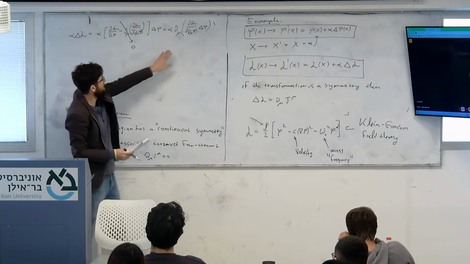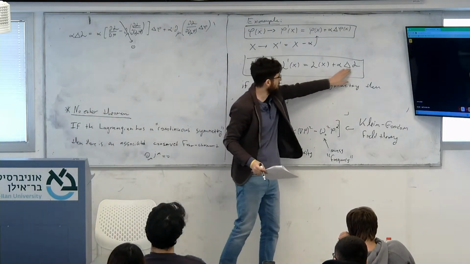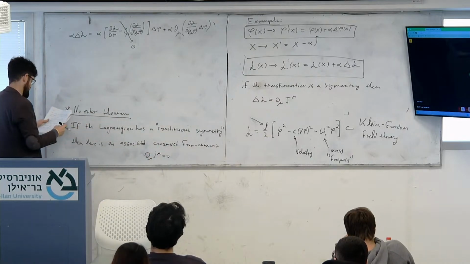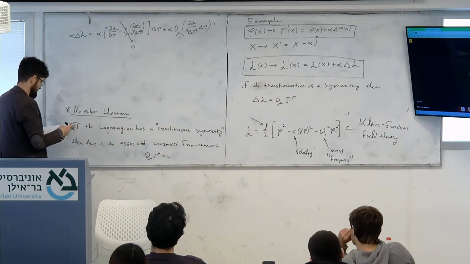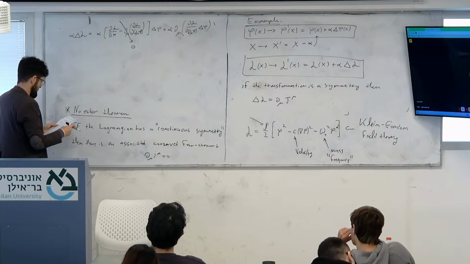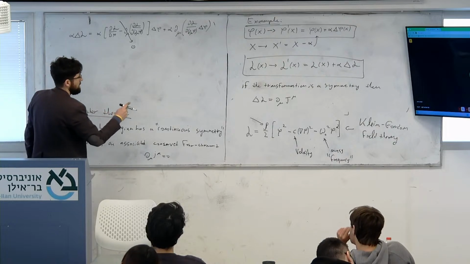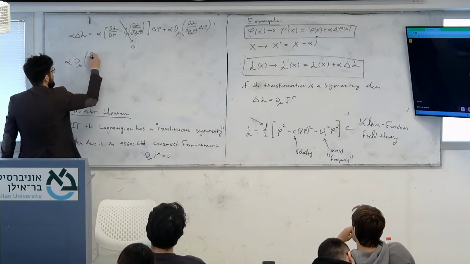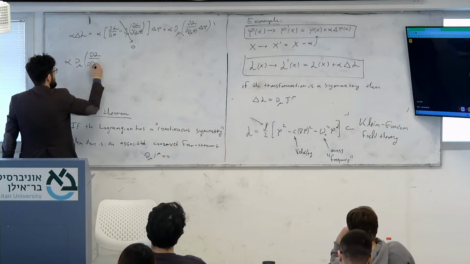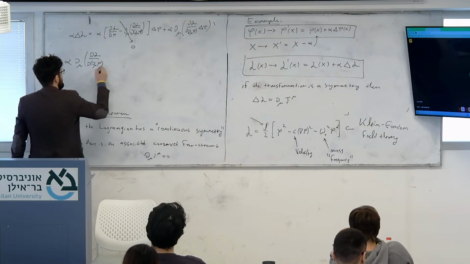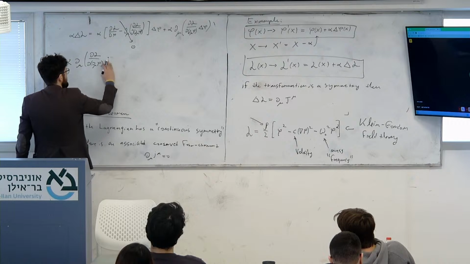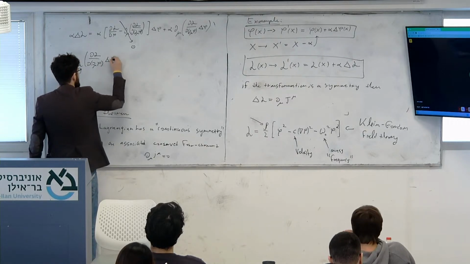So, okay, let's say I equate this to that. Okay, so I write alpha d_mu dL/d(d_mu phi), times delta phi.